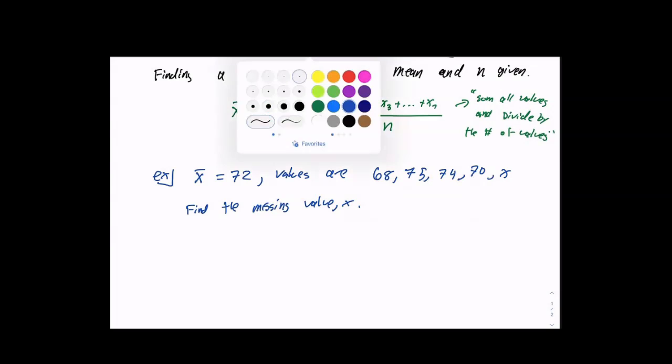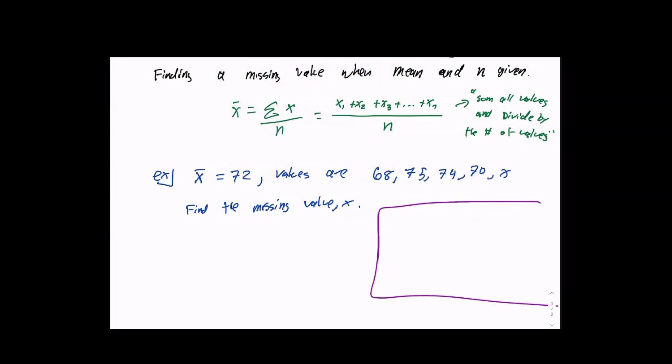So this is a more conceptual understanding of math and how numbers work. So the mean of the 4 known values is less than the overall mean of 72.